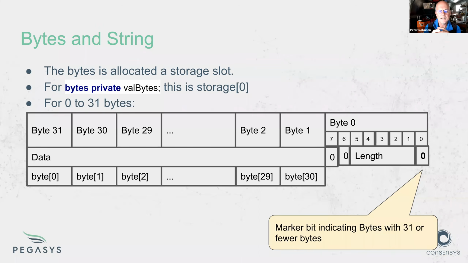And it has a length field, which is 0 to 31, with the top bits being 0. And then it allocates bytes starting at the top of the overall word and going across. All of this is stored in the actual storage location for the variable.